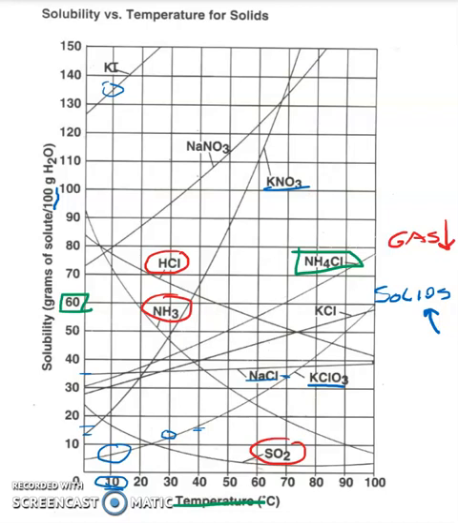I find my NH4Cl line, which is here, and I say, where does that cross the 60 gram line? And it's right here a little bit before 70 degrees. So I would say maybe 68 or 69 degrees. So if I could heat my water to 68, 69 degrees, add 100 grams of it, I would be able to dissolve 60 grams of, in this case, NH4Cl. So I could ask you the temperature you would need, or I could say how much you could dissolve based on what you have here with these lines.